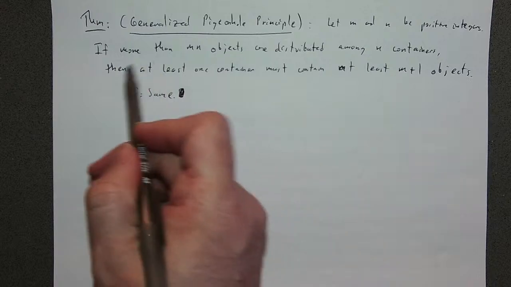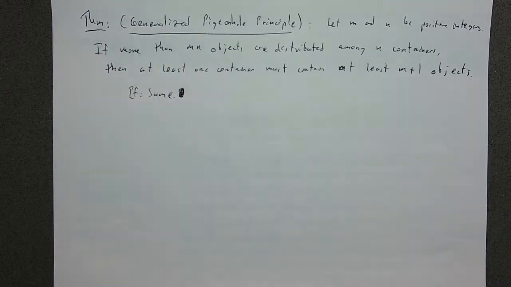But I just said that more than m times n objects are distributed amongst these containers. So if m times n is our maximum, I'm distributing more than that. This doesn't account for every object, so that would be a contradiction. This would be impossible. So yes, one of those boxes has to contain at least m+1 objects. Think about how this gets us exactly this fact that I said about Phoenix a couple minutes ago. Okay.